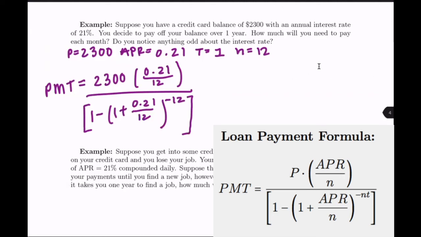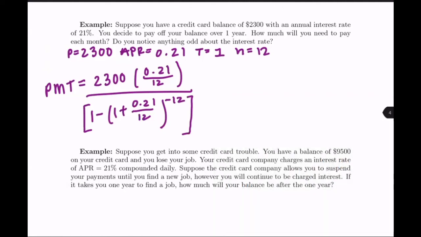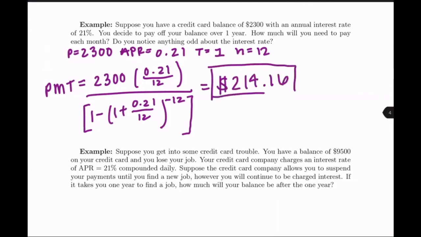However, if you decided to just plug this straight into your calculator, what you should get is $214.16. So that is how much you would have to pay every single month in order to pay this credit card off in 1 year.